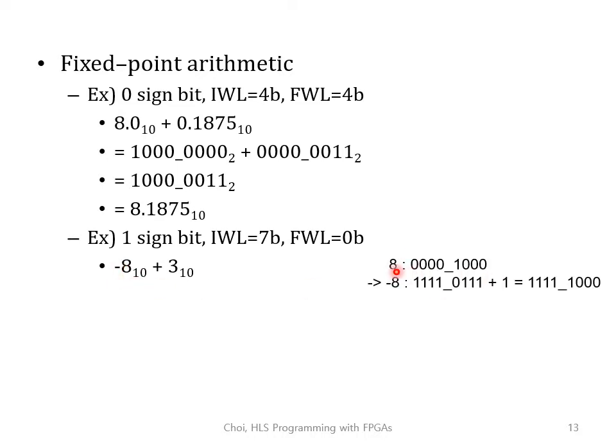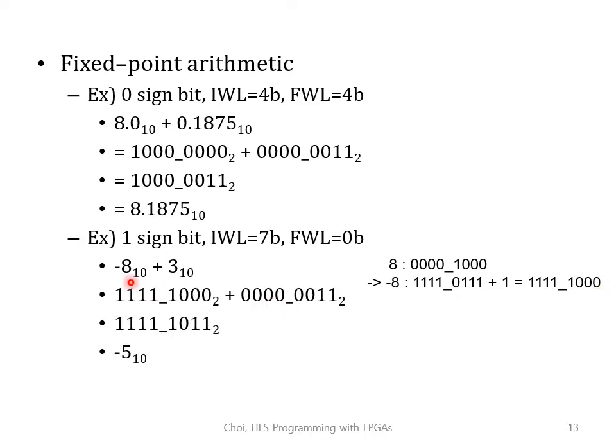So positive 8 is 00001000, and if we're converting this number into a negative number, we just flip all bits, right, and add 1. So -8 is going to be 11111000.